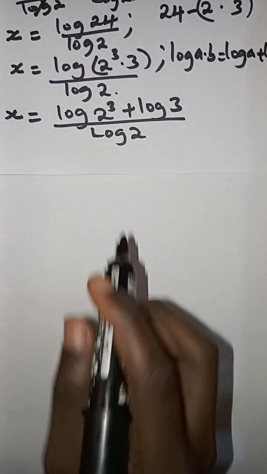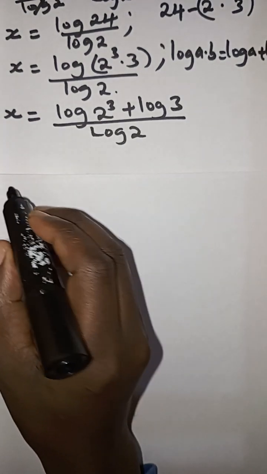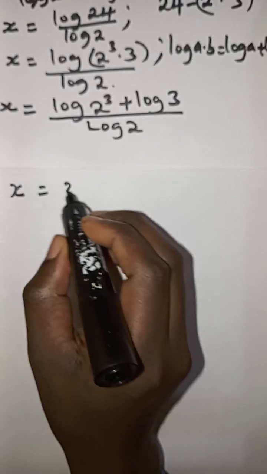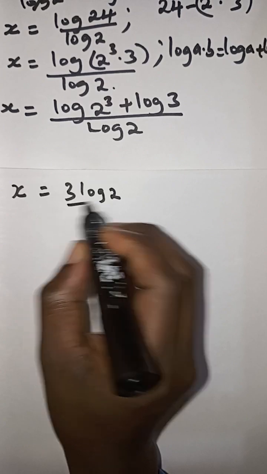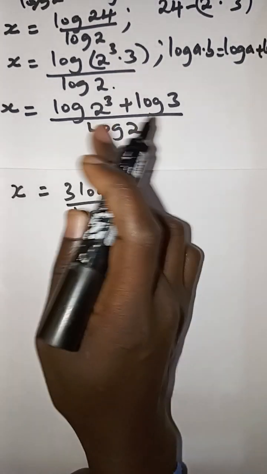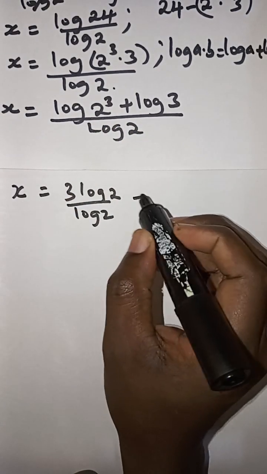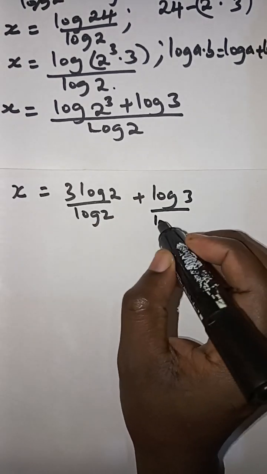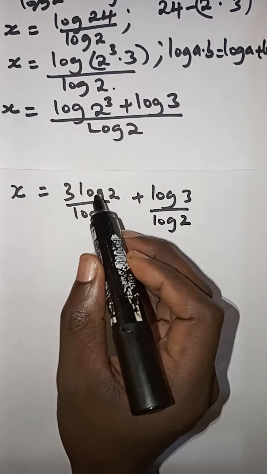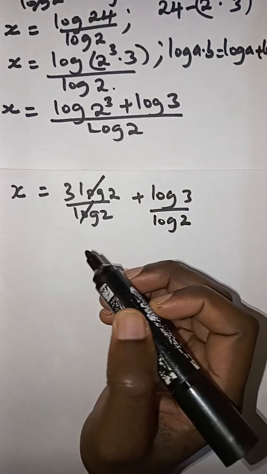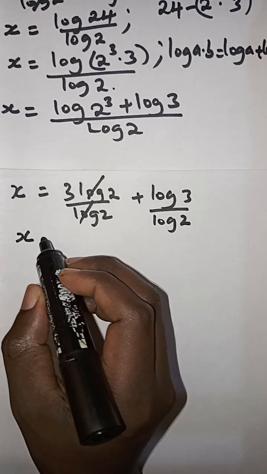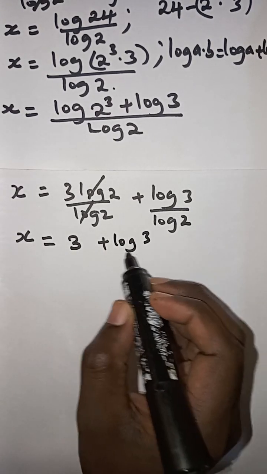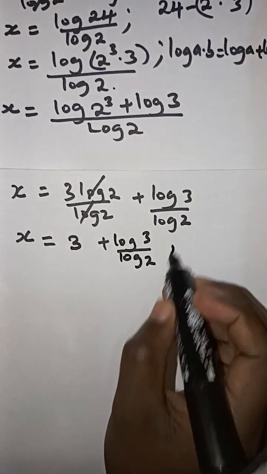So next, this 3 can come down, as x is equal to 3 times the log of 2 divided by the log of 2. I'm writing them separately, plus the log of 3 divided by the log of 2. Of course, this I'm going to cancel, so that my equation now changes to x is equal to 3 plus the log of 3 divided by the log of 2.